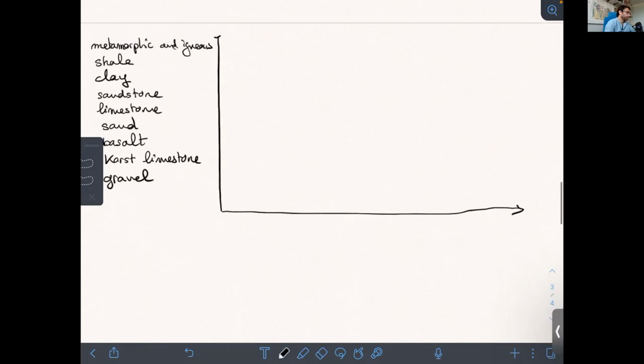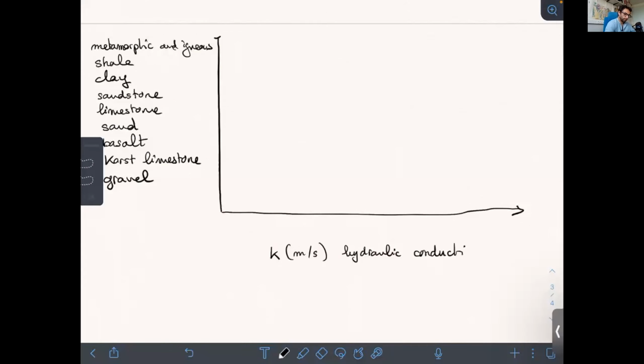And so the orders of magnitude, now you will see, is usually variable. So now if we put estimates of permeability in meters per second, hydraulic conductivity. So for the gravel, typically the hydraulic conductivity goes from somewhere like 10 to the minus 2 meters per second to 1 meter per second.